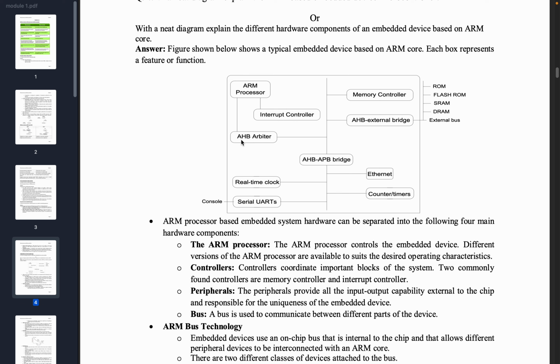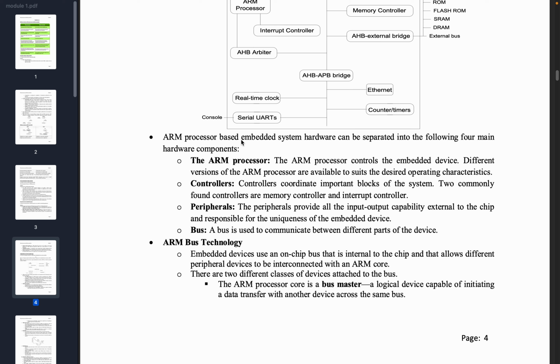Then go through the ARM bus technology. Here the hardware must include ARM bus technology. It is nothing but the internal chip mechanism that allows different peripheral devices to be interconnected to the ARM core. That's the ARM bus.